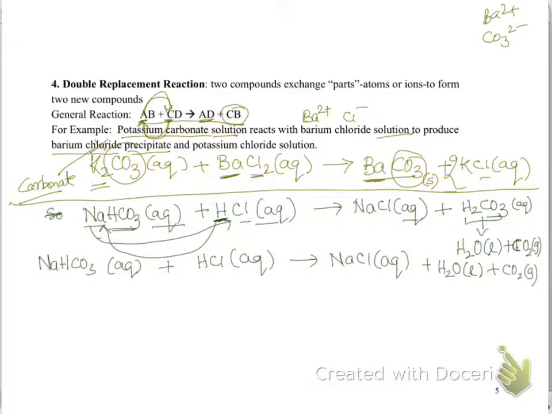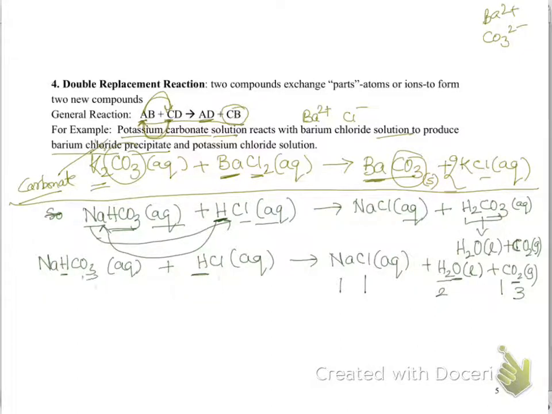So this is going to be my reaction. Once I am done writing the reaction, I balance it. There is 1 sodium here, 1 sodium, 1 chlorine, 1 chlorine, 1 carbon, 1 carbon, 1 plus 1, 2 hydrogens, 2 hydrogens, 3 oxygens, and here 1 plus 2, 3 oxygens. So the equation is balanced.